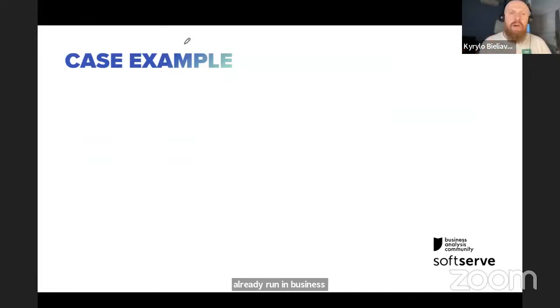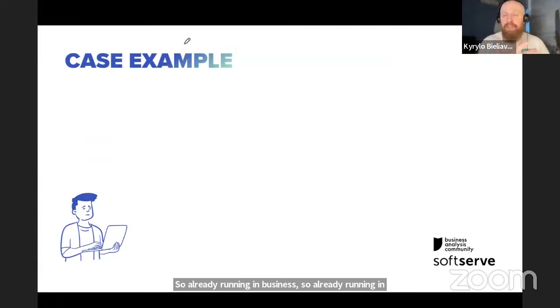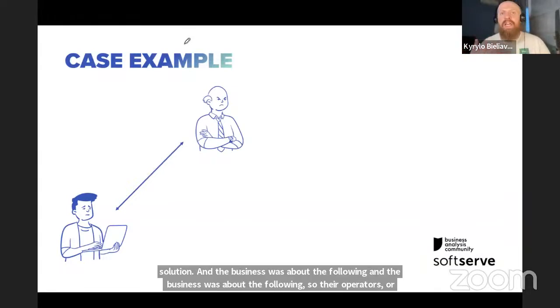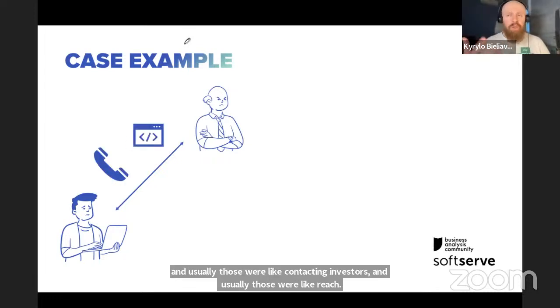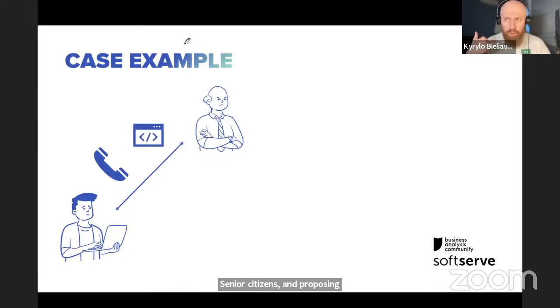Their operators, the workers from the back office, were contacting investors, usually rich senior citizens, and proposing them to invest in real estate. They were using the telephone, and they had a very simple web page with their services, but most of the communication went through the telephone.